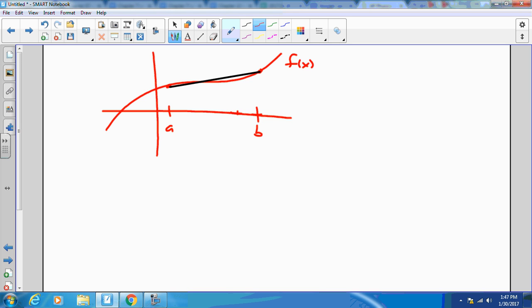So let's go ahead and get these details out on the table. First of all, let y equal the equation of the secant line that connects these 2 points. Now, to get that equation, I need slope and point, right? So let me mark my 2 points. This point is a comma f of a.